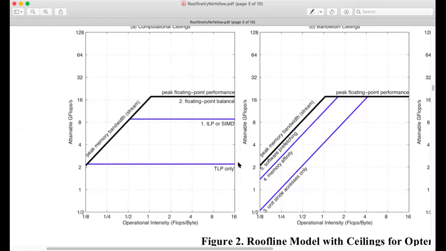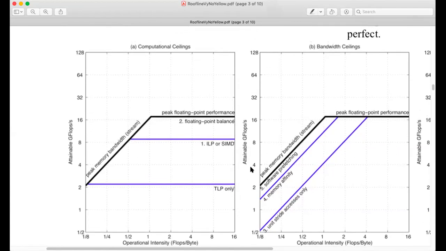Right now, if you see the leftmost figure, we are still looking at the Opteron X2 processor. So far we are just talking about memory being the bottleneck and all that, right?